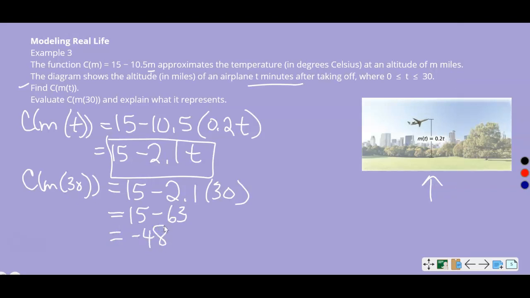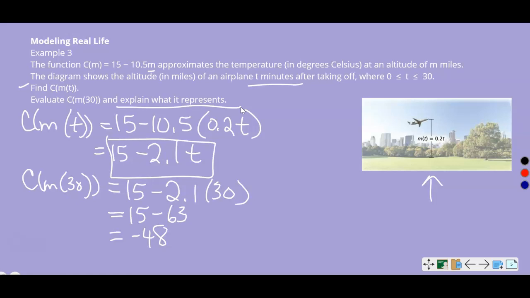All right, so it says evaluate c of m of 30 and explain what it represents. All right, what does this represent? So t is in minutes. We plugged in 30 minutes, and we plugged that in the function that approximates the temperature in degrees Celsius at a certain altitude.